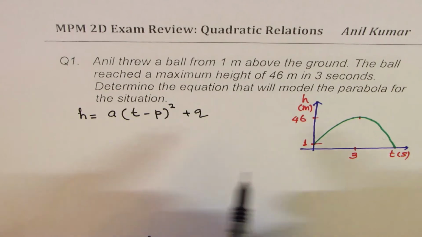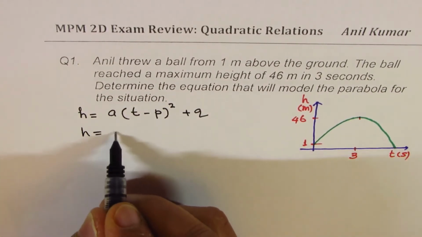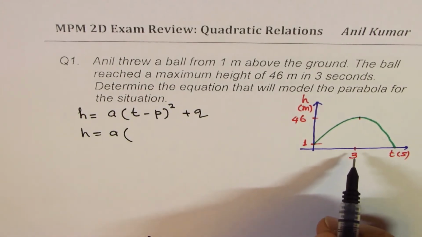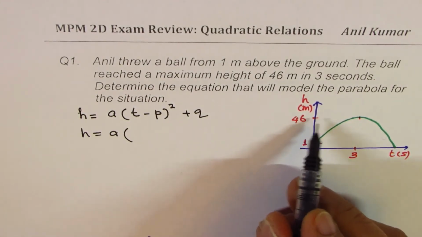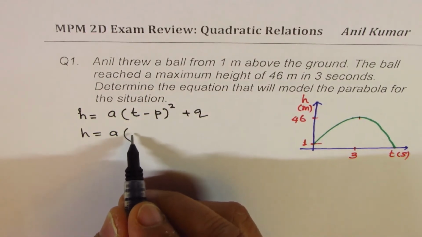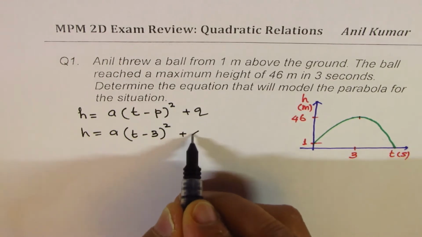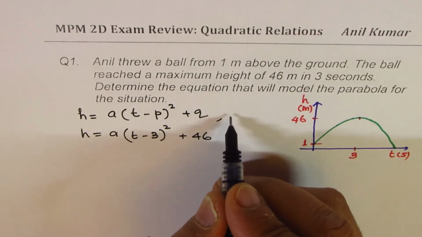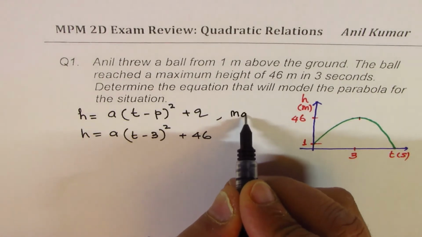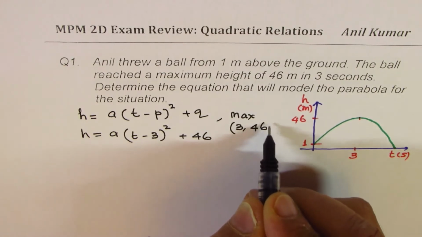Now p and q are defined by the maximum, so we could write this as height equals a times (t minus 3) whole square plus 46, since at time equals 3 we get a height of 46. So at this stage we have utilized the point which is our maximum, which is (3, 46).